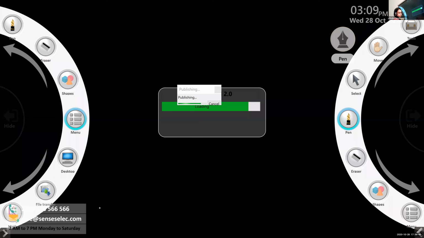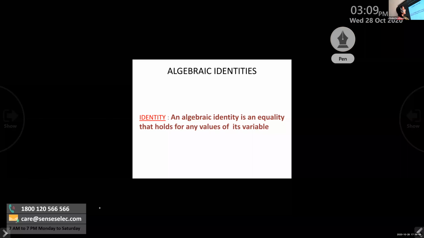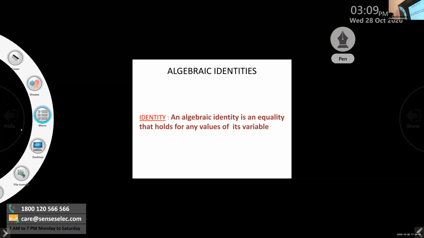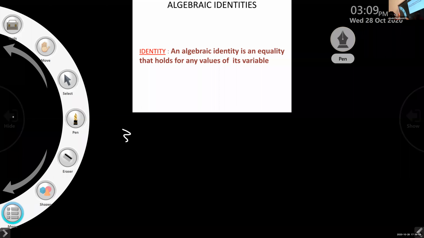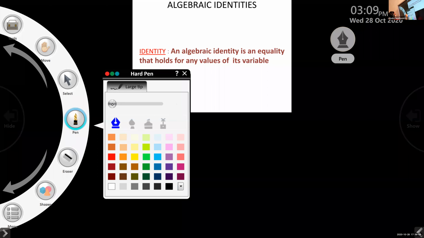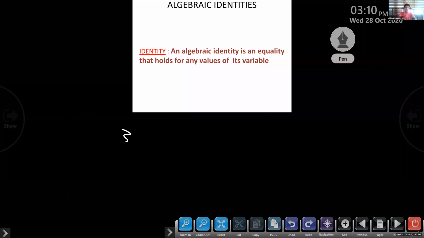Write heading algebraic identities. Ma'am, that is the definition.